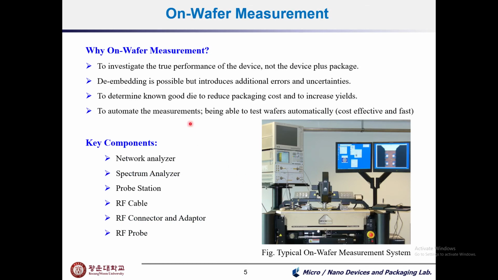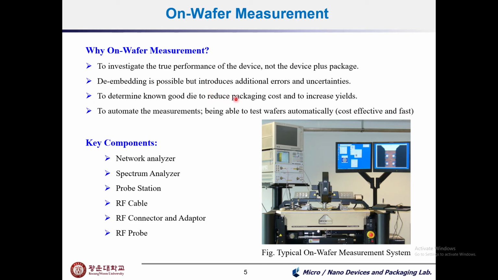In the measurement techniques, the first important aspect is on-wafer measurement. In these slides I will explain why on-wafer measurement is required. In order to investigate the true performance of the device, not the device plus package, which I already mentioned in the previous slide. In this case, de-embedding is possible, but this may lead to additional errors and uncertainties.